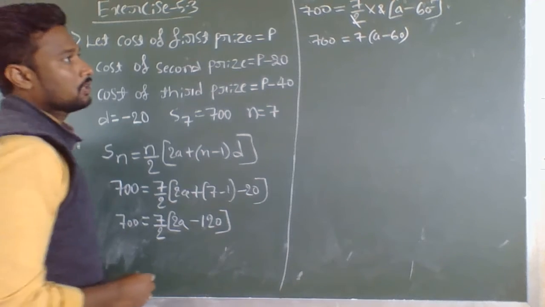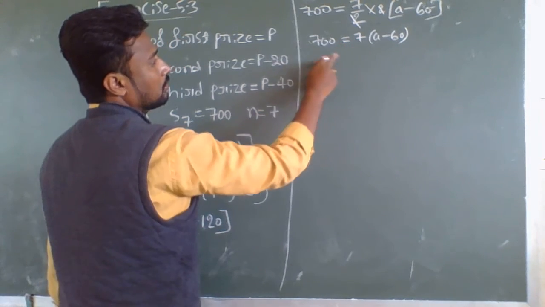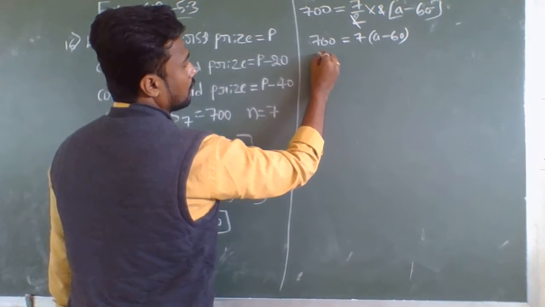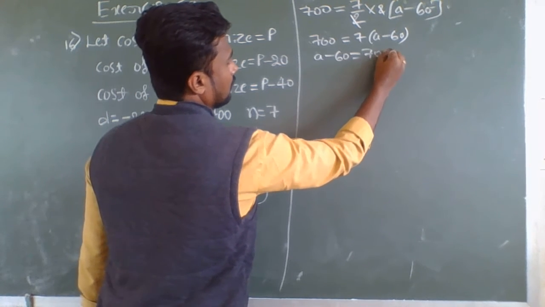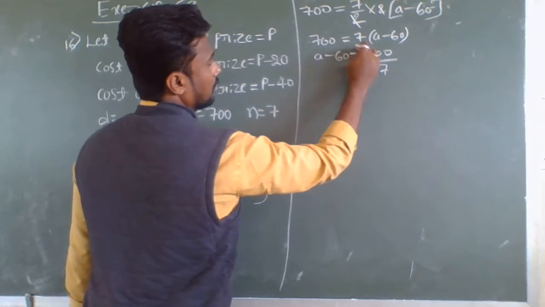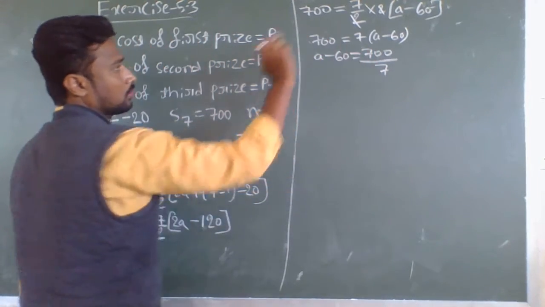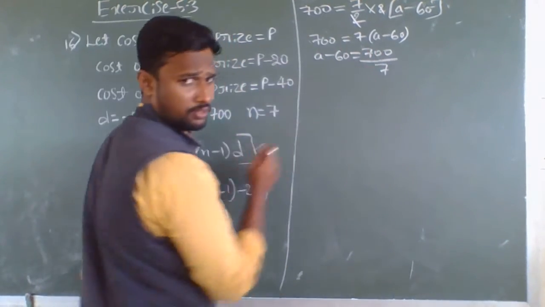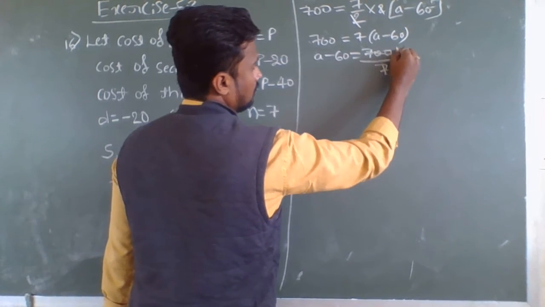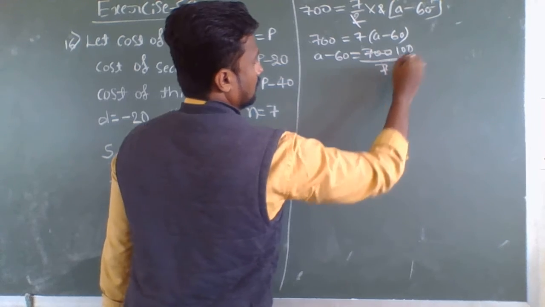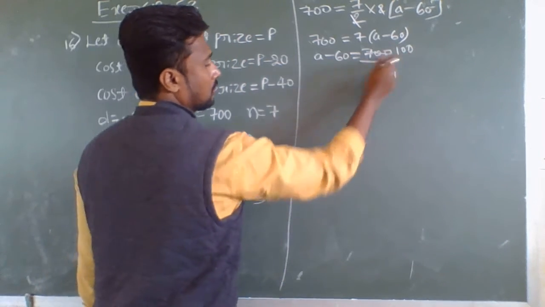Now to get the a value, I will move this 7 to the other side. Therefore a minus 60 is equal to 700 divided by 7. Here it is multiplication and when moved to the other side it becomes division. Therefore 700 by 7 is 100. So a minus 60 is equal to 100.